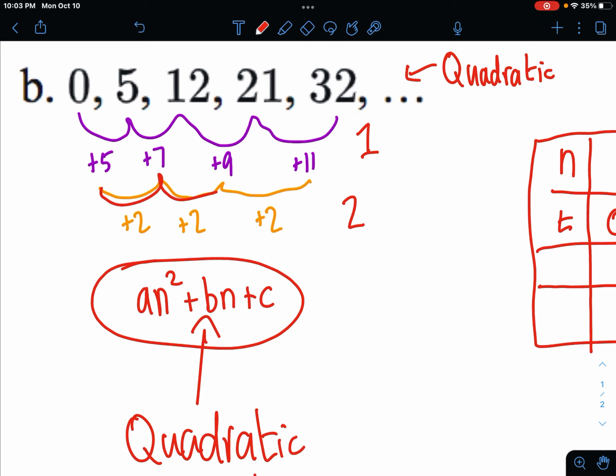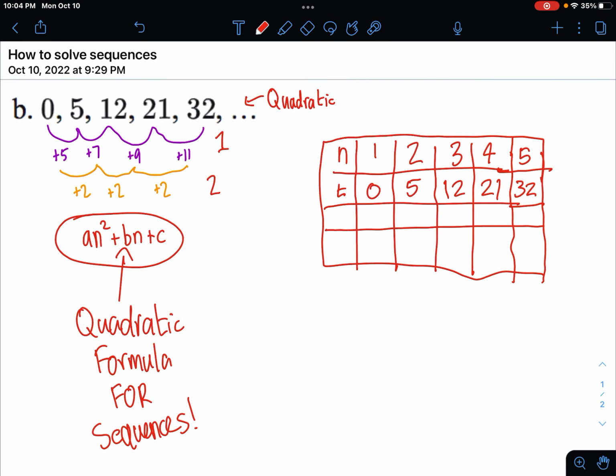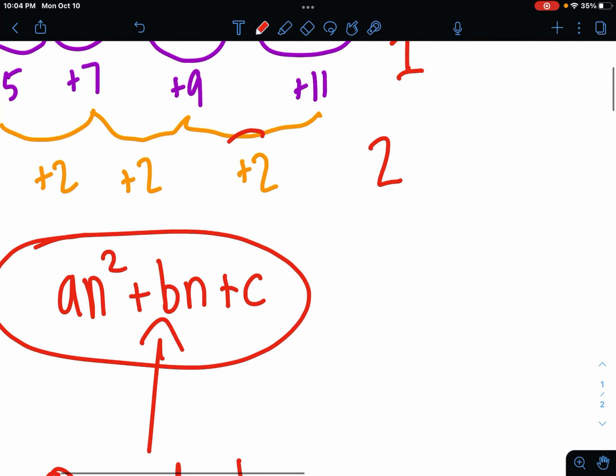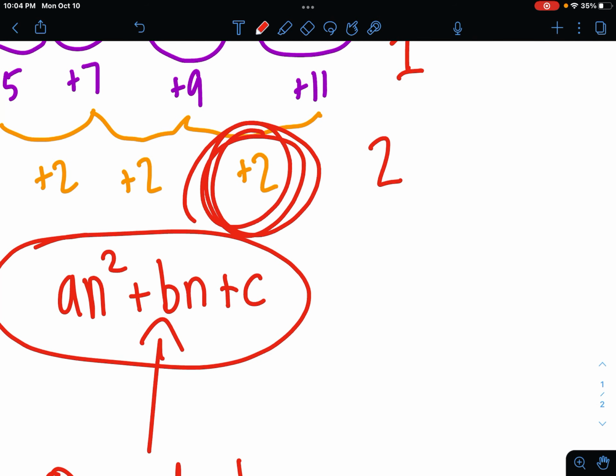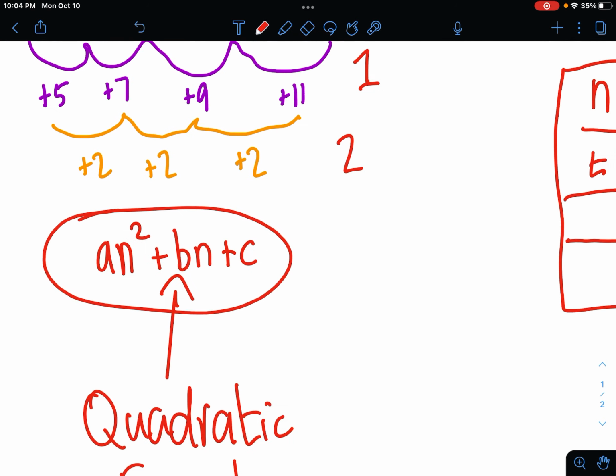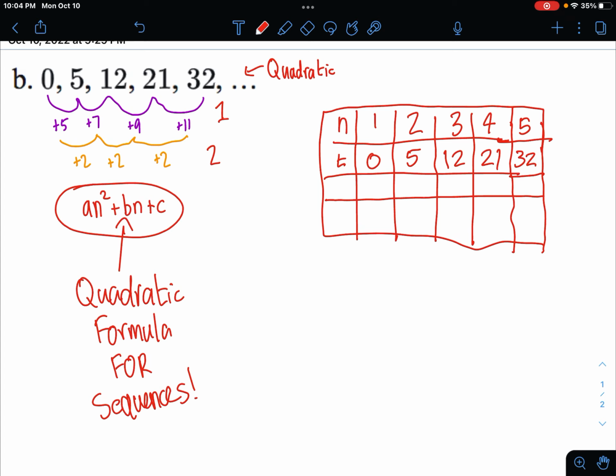It's not like this by 2, this by 3. It's 5, 7 minus 5 is 2, 9 minus 7 is 2, 11 minus 9 is 2, like that. So all we need to do is take this number, not the number that's changing, the number that stays constant. And we are going to divide that by 2. We're going to half it.